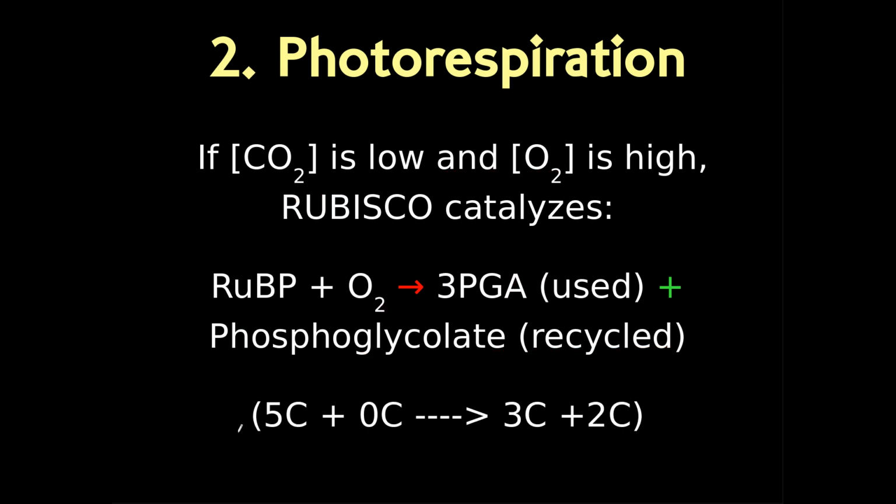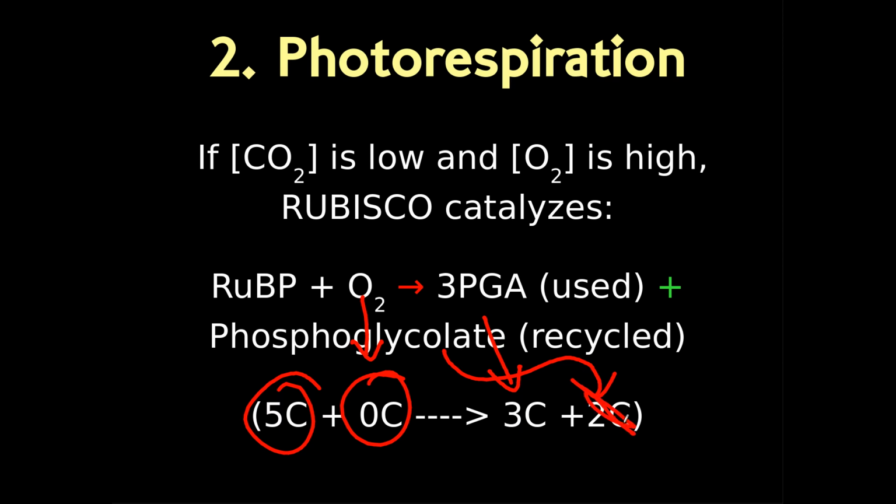This is so bad. So essentially what we've done is we've taken a 5-carbon molecule, a 0-carbon molecule, which is the oxygen here. We've taken a 3-carbon molecule, which is useful, and then the phosphoglycolate, which is a 2-carbon molecule, which has to be gotten rid of and recycled. And essentially, this is lost to us.